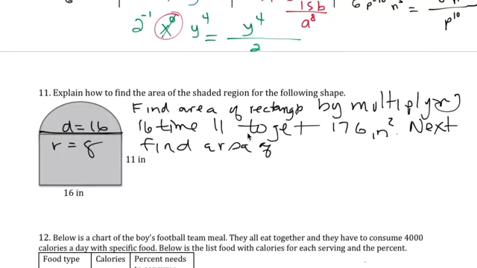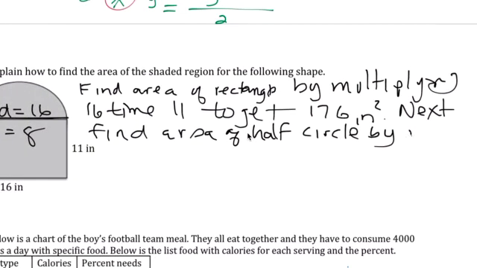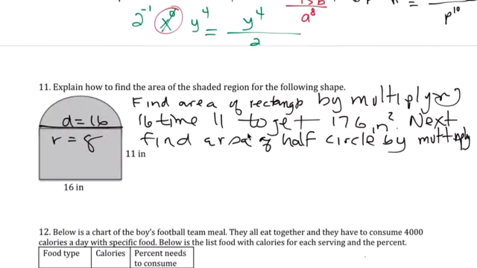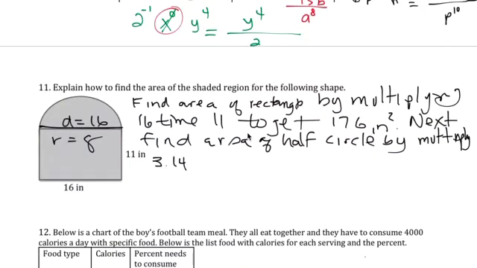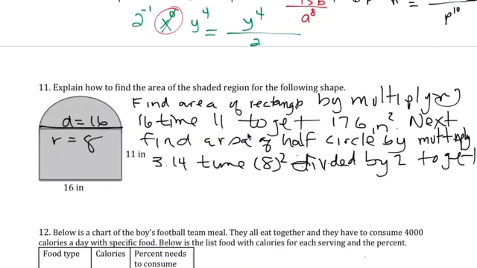Area of half a circle by multiplying 3.14 times 8 squared divided by 2 to get 200.96 inches squared.